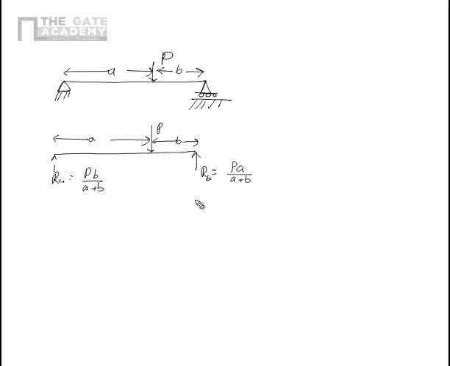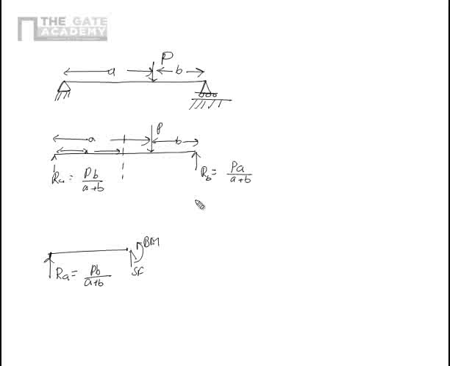So let's say we cut the beam here, some location X away from the left hand end. So I have the isolated or the free body diagram for that end. I have one reaction RA that is equal to PB upon A plus B, and I assume that there is a shear force SF and bending moment BM acting here.